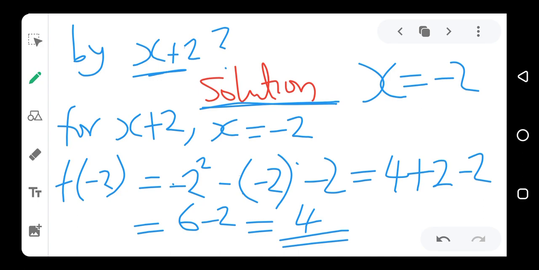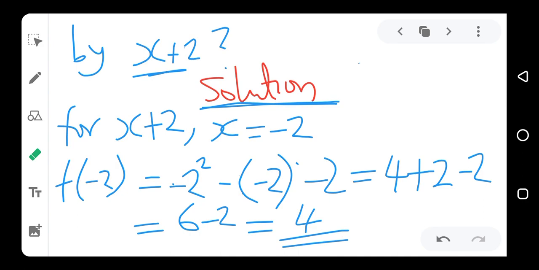Having the x value of the term, we put it into the polynomial and see whether we are going to get 0. If we get 0, it is a factor of the polynomial. If we don't get 0, whatever we get is the remainder of the polynomial.